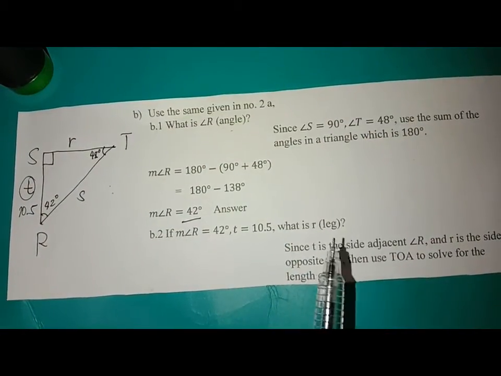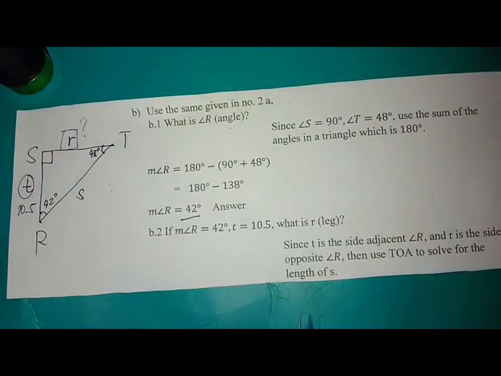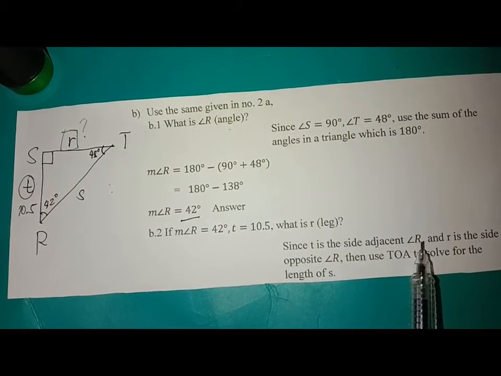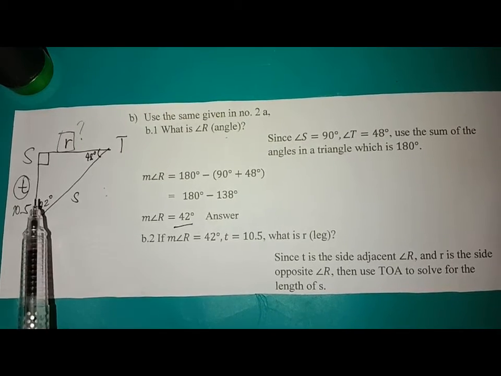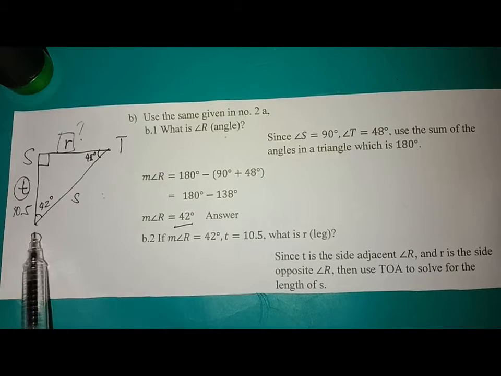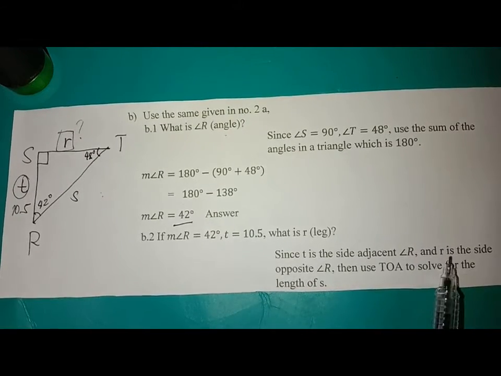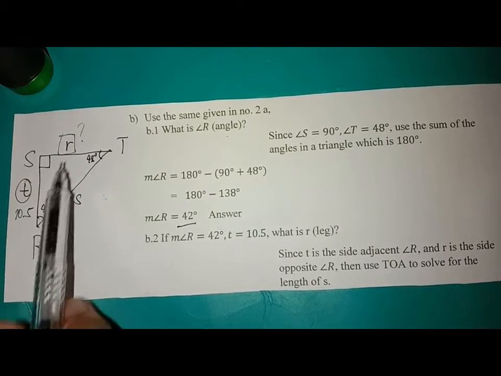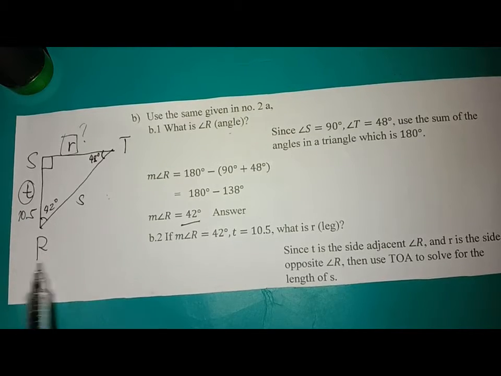What is R? This is the unknown. Since T is the side adjacent to angle R, and the small letter R is the side opposite angle R.